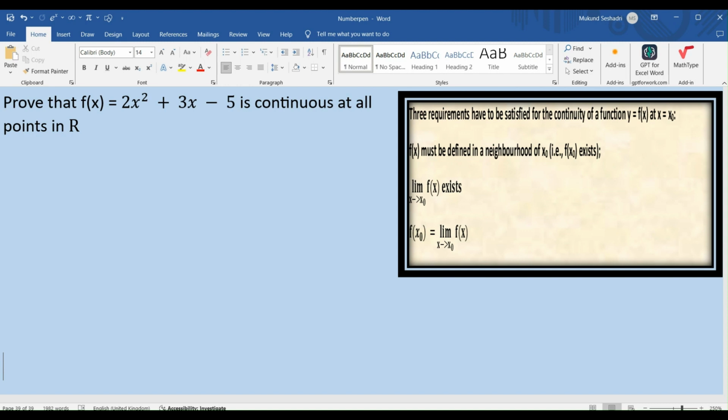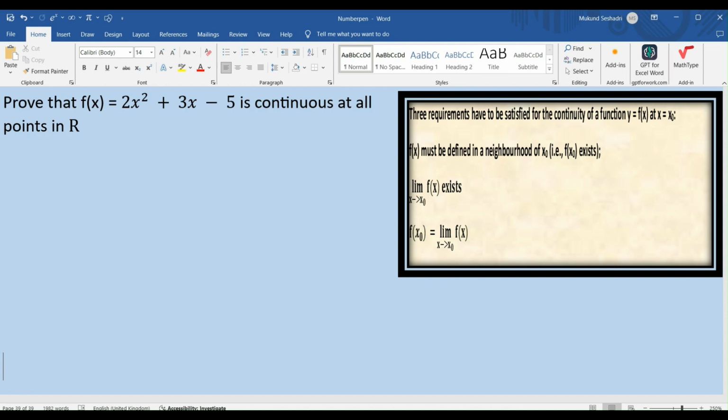And before that, I thought I'll quickly run through the three basic requirements that will have to be satisfied when you check for the continuity of a function y is equal to f of x at x equals to x naught, right? So x naught is some point that belongs to R, right? And what is R? R is nothing but the set of all real numbers, right?